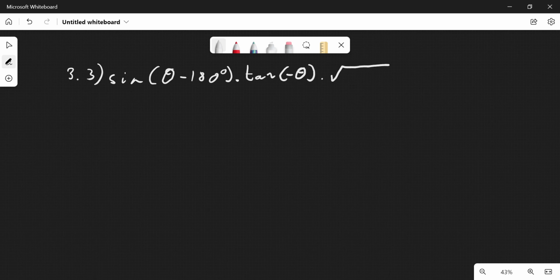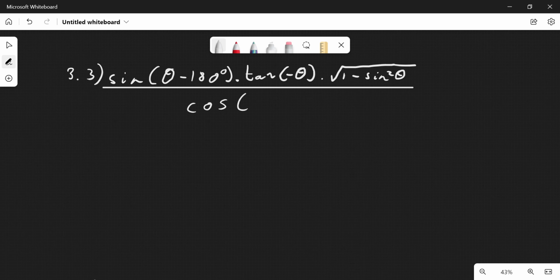3.3 gives us sine of theta minus 180 degrees times tan of minus theta times root of 1 minus sine squared theta, and that is all over cos of 90 minus theta.